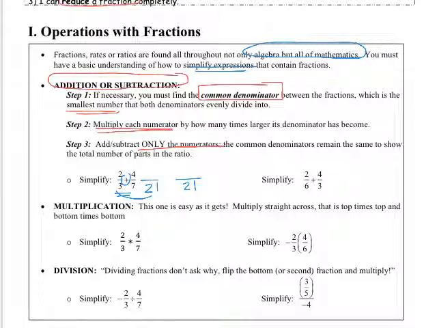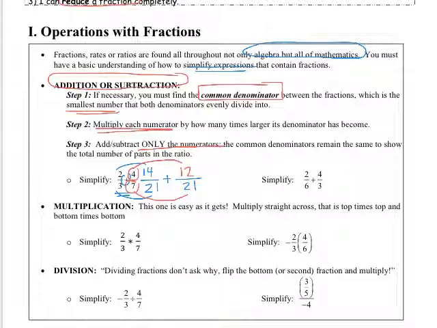Well, that's 7. So now I have to take 2 and multiply it by 7. So 2/3 has become 14 over 21. And this 7 here multiplies times 3 to get to 21. So now I have to take my 4, multiply that by 3, and I end up with 12 over 21.